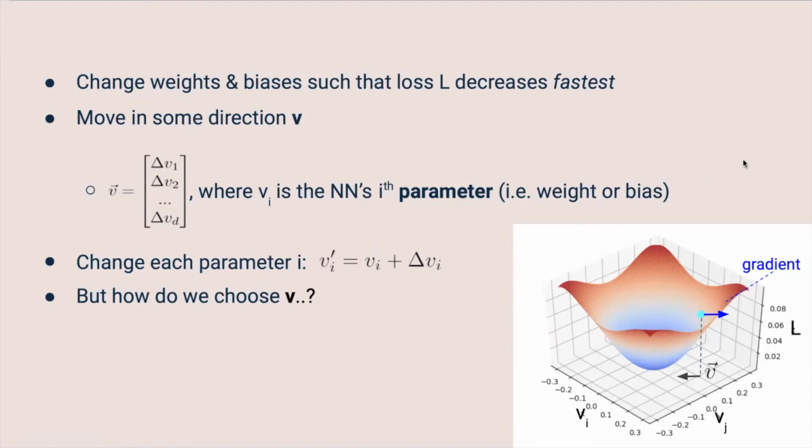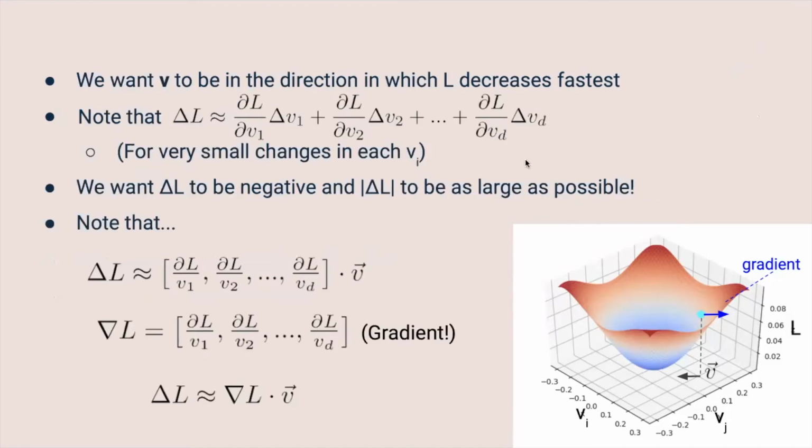And the gradient is, as we will see, the direction that mathematically we can say is the best, at least locally. So again, our goal is to decrease L and find some direction v that does that very well. Locally, the best direction we can choose is what we're trying to find.